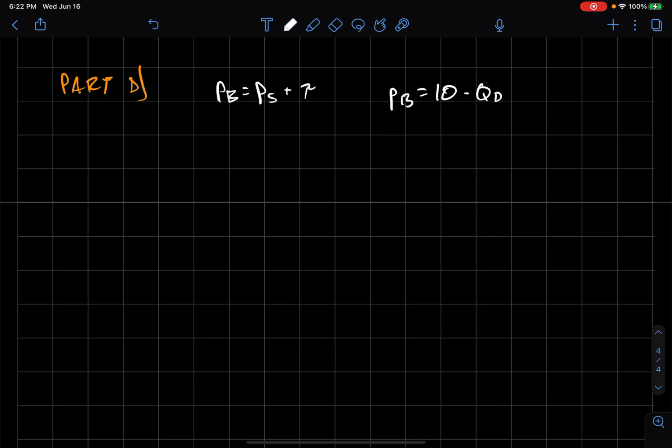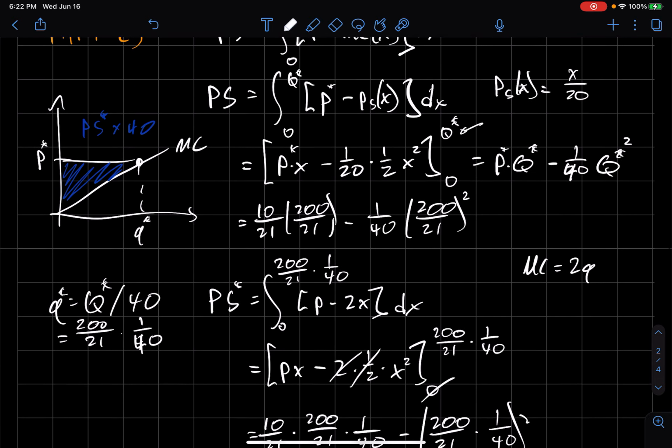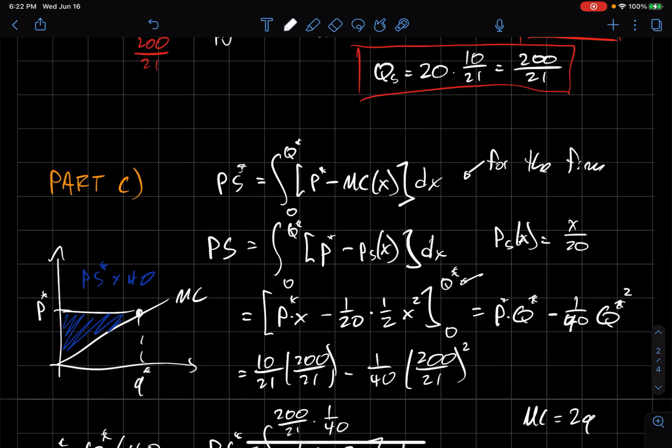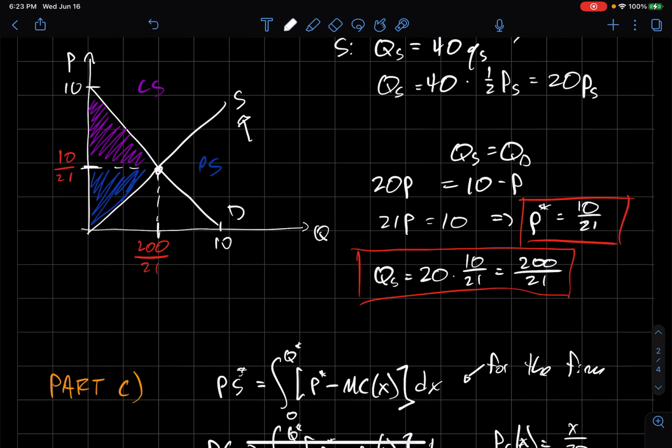And technically there's a D here, but because we're setting QD equal to QS in equilibrium, I'm just going to drop the subscript. Our producer price for the seller is equal to QS over 20.